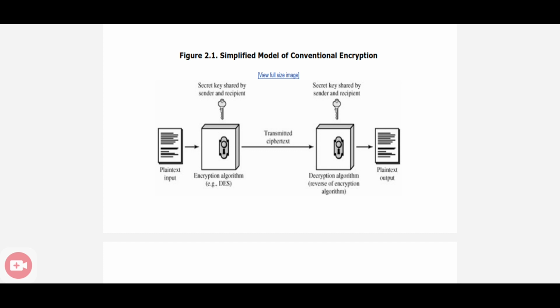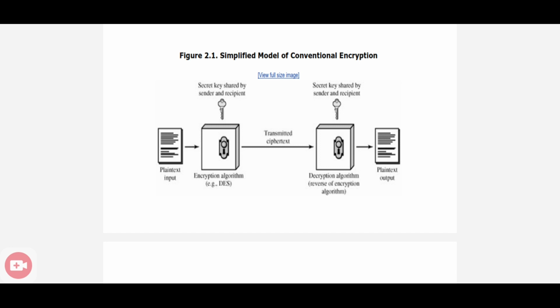We can see 5 ingredients within this figure. One is the plain text, that is the input. By using the encryption algorithm and the secret key, that is the key in the figure, this plain text is converted into ciphertext that will be transmitted over a transmission medium.